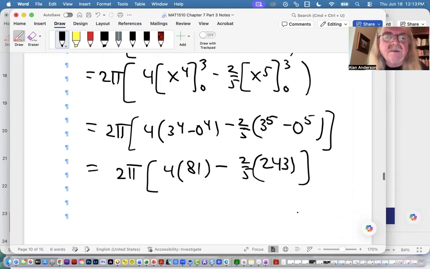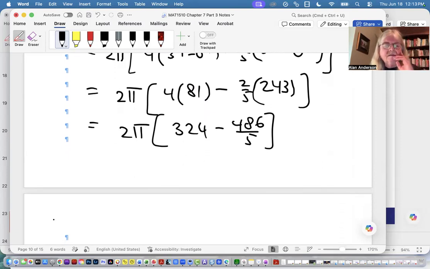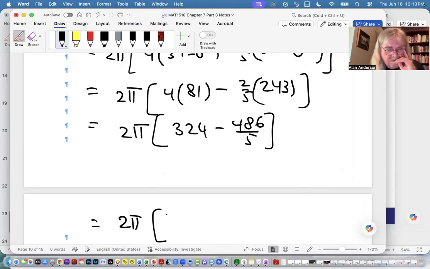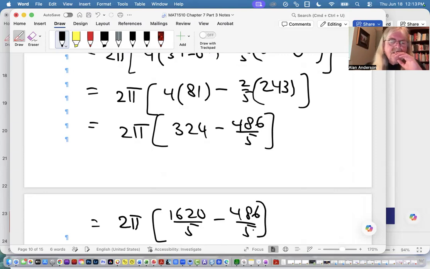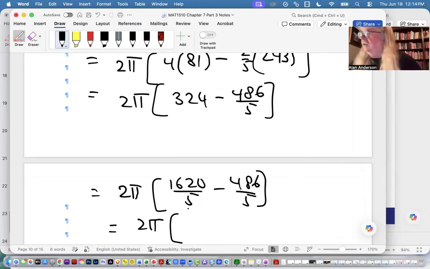All right, so we'll have to clean this up a bit. Of course now we'll need a common denominator. 5 times 324 would be 1620. And God, what a mess, huh?